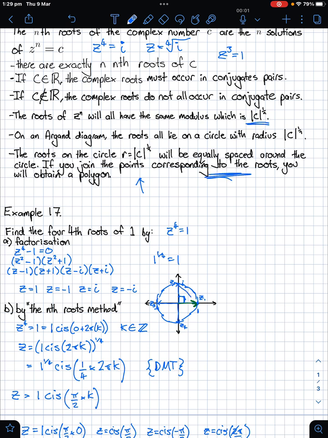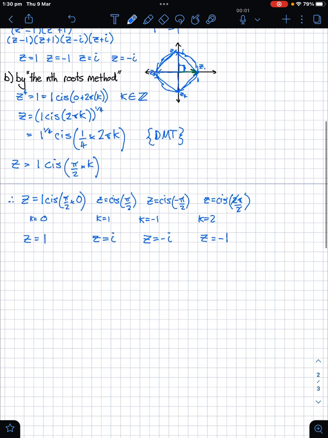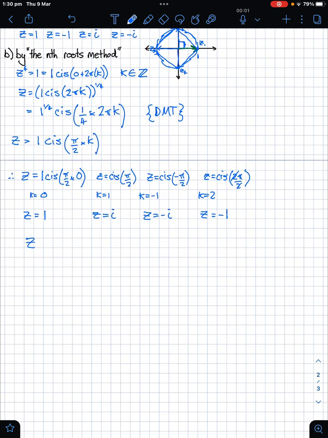If we join these, it would be a square, which is a regular polygon. So we've got a few different solutions there. But just to take it back, we had originally z to the 4 equals 1. Any of these values, if you put them in your calculator and put them to the 4, they all equal 1.